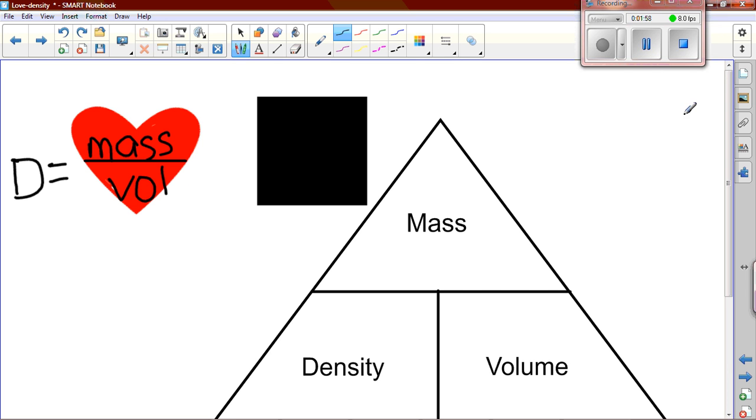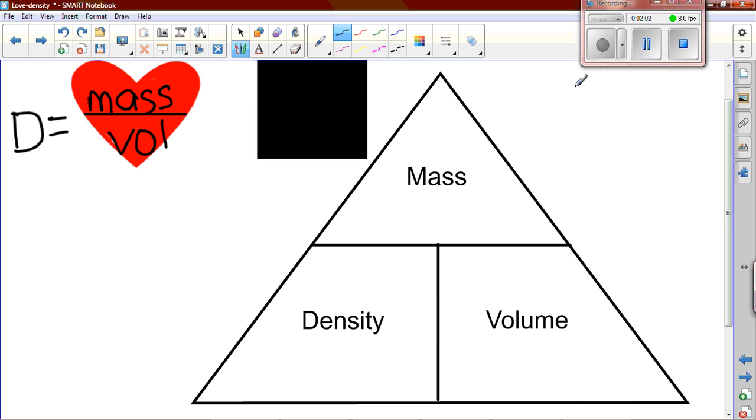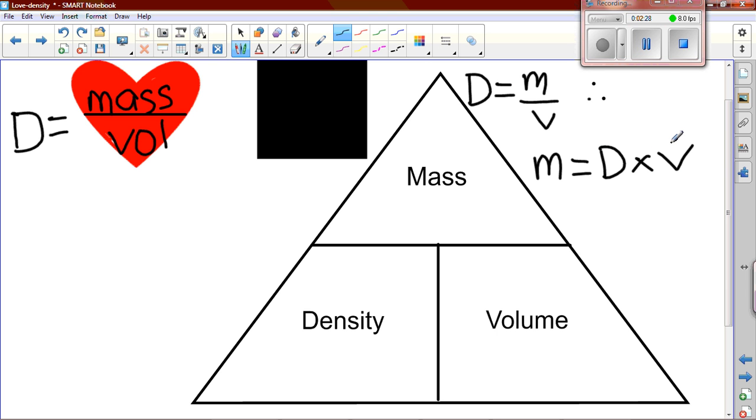Another way to look at it is with good old algebraic equations. If we look at density is equal to mass over volume, right? That's our original equation. And if I asked you to manipulate that and solve for, let's say, mass, mass would equal density times volume, right?